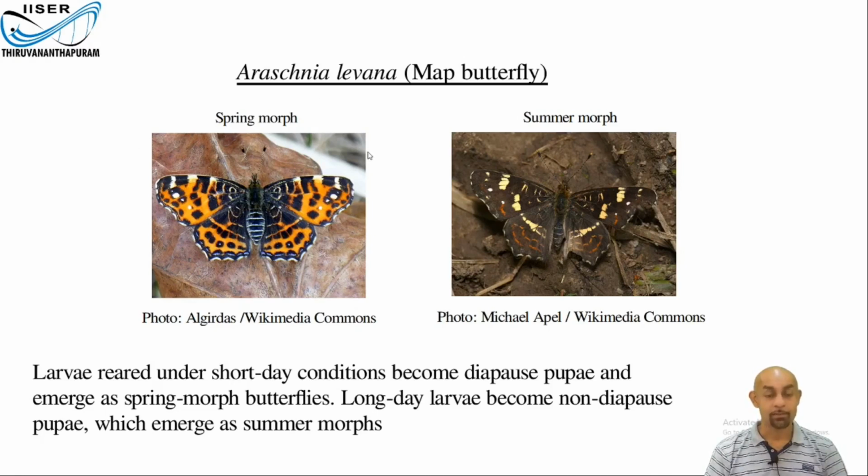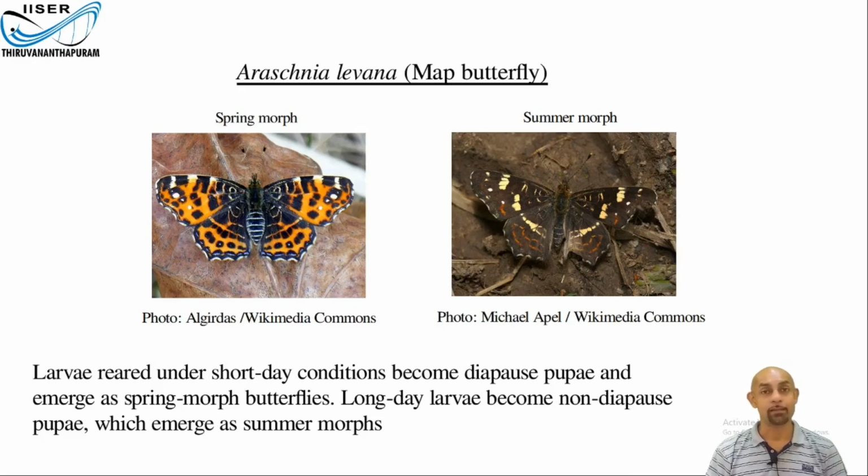In the spring generation, day length is shorter compared to the summer generation. So remember that the longest day length is sometime in July. That's when midsummer is celebrated.